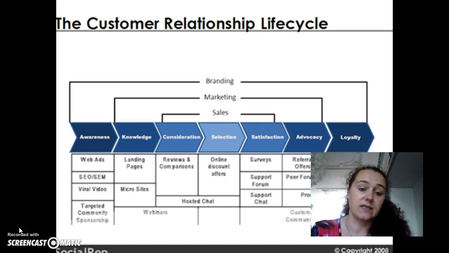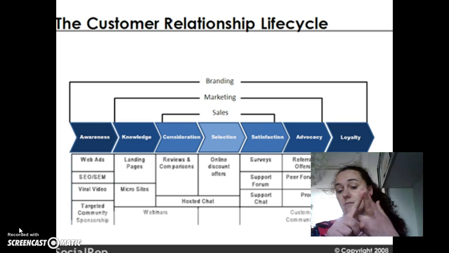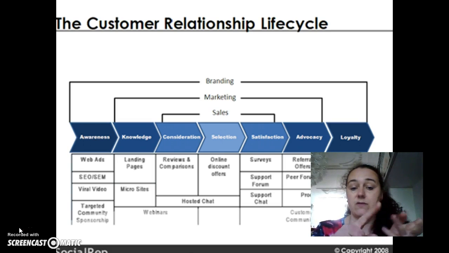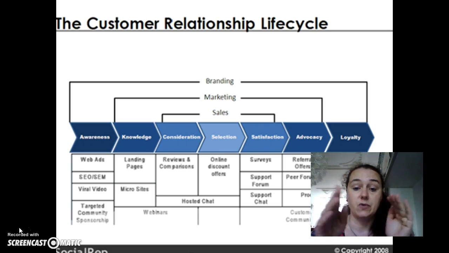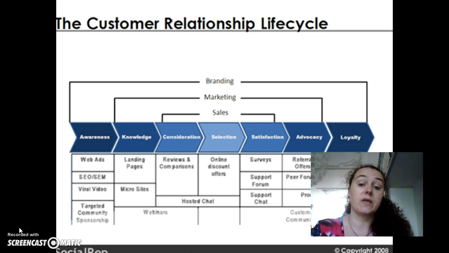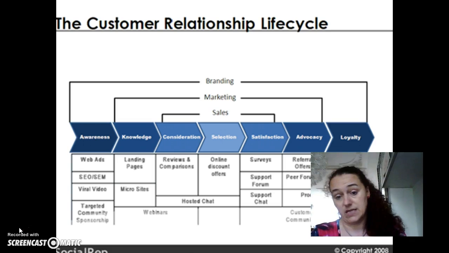Here it says awareness that the brand or product is out there, some knowledge to actually get to know the product, consideration, so I can choose this brand or that brand, selection, you choose the one, then of course when you have it, you are satisfied or less satisfied.